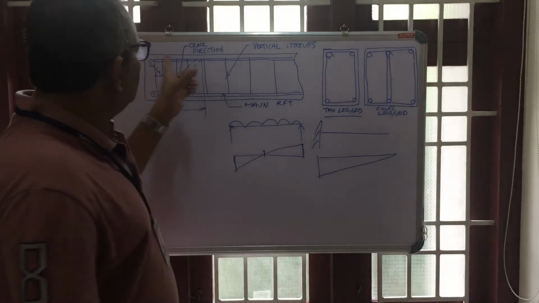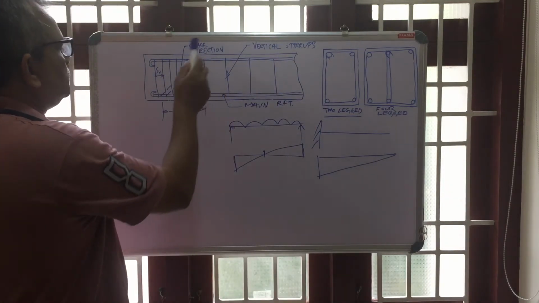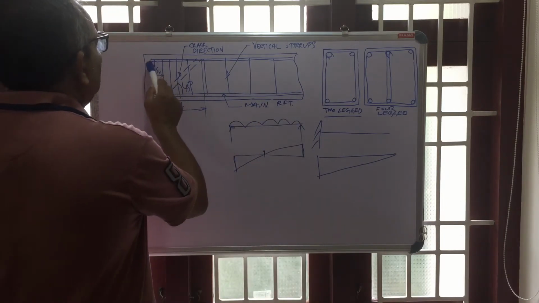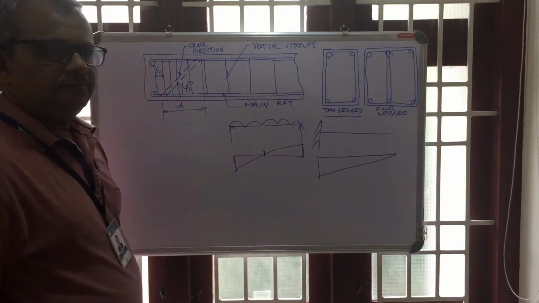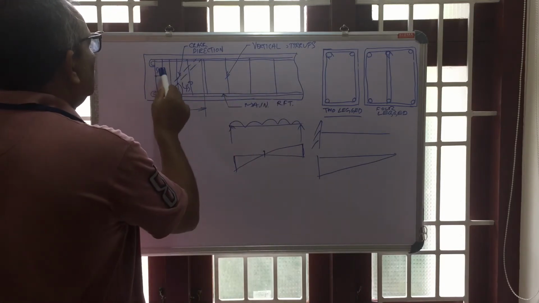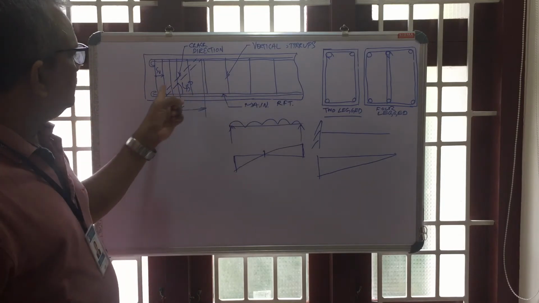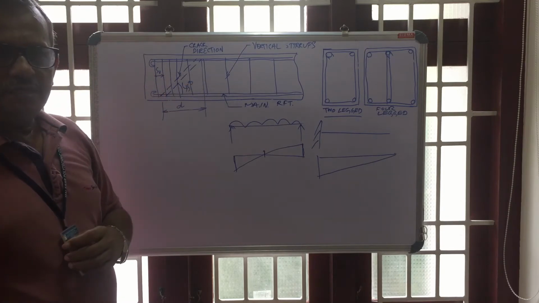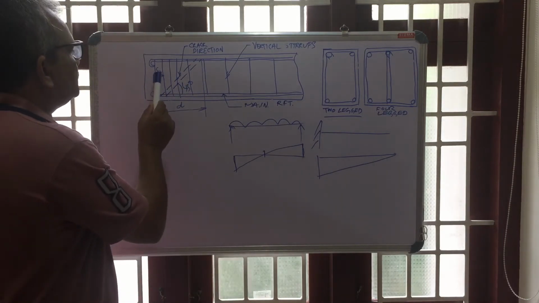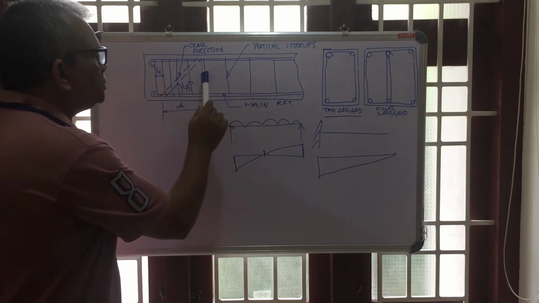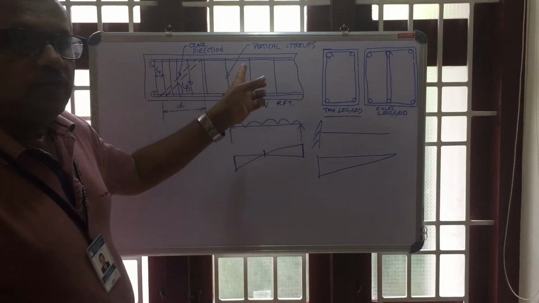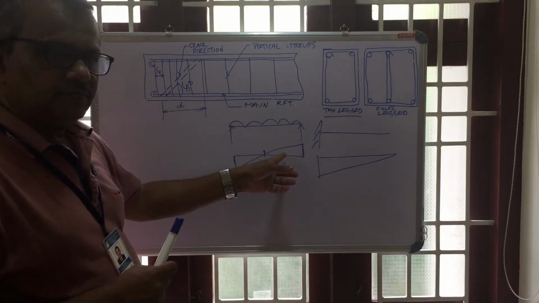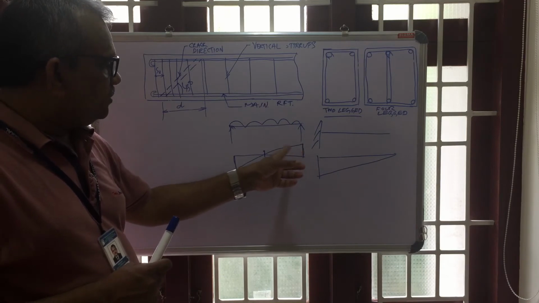Now see here, this is the longitudinal section of the beam, with the tension reinforcement at the bottom, the compression reinforcement or the hanger bars at the top, and covering these, the vertical stirrups are provided. Now from the figure it's very clear that the spacing of the vertical shear reinforcements is very less near the supports, whereas the spacing is more towards the middle of the beam. Why is it so? For the same reason: the shear is maximum at the support and 0 at the middle.